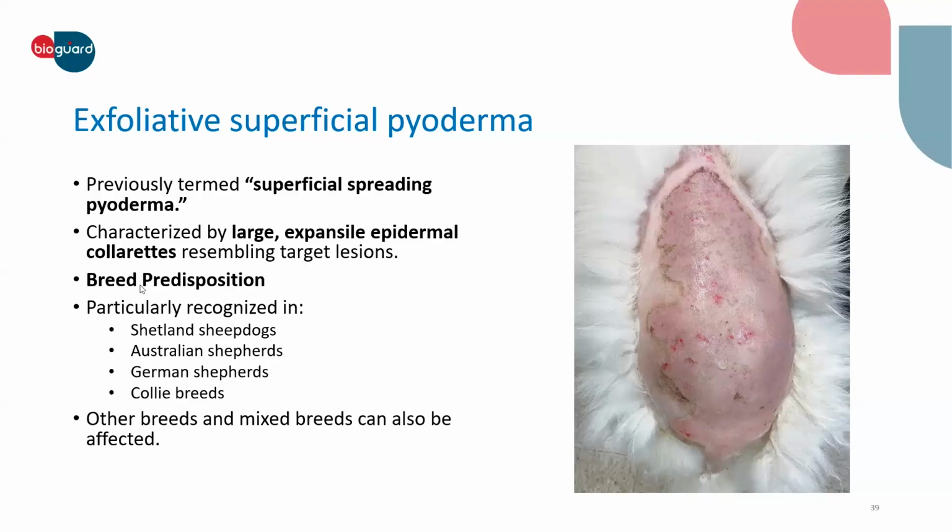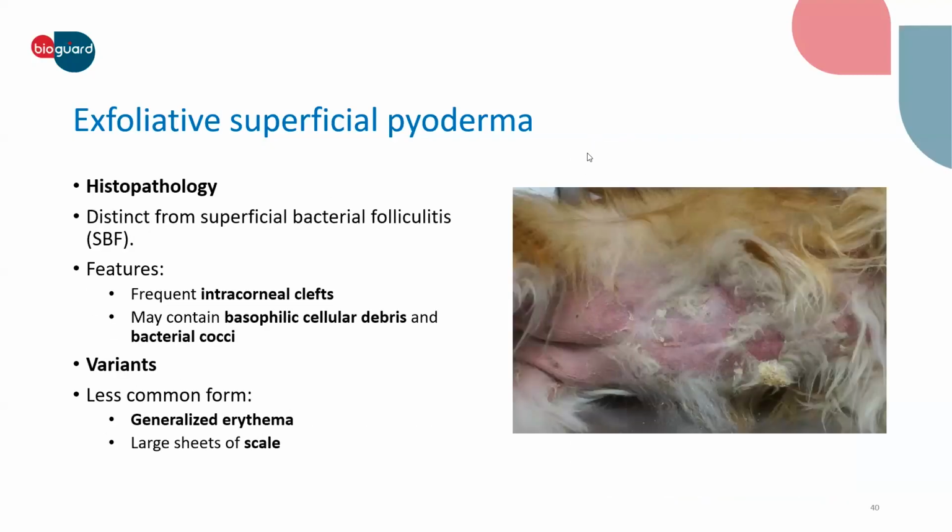And it has some predisposition, especially in Shetland Sheepdog, Australian Shepherd, German Shepherd, and also Collie breeds. Other breeds and mixed breeds can also be affected. And this figure is also an active superficial pyoderma in a Shetland Sheepdog.